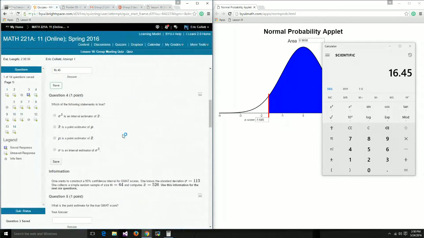I was thinking that x bar is a point estimate of the population mean. Like the sample mean is a point estimate of the population mean. So that will be the second. Yeah, this one right here, x bar is the point estimator for mu.